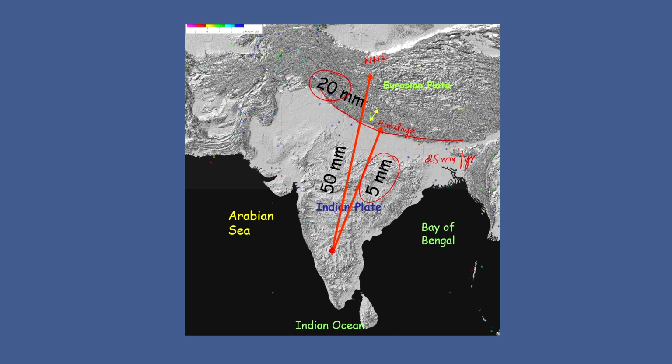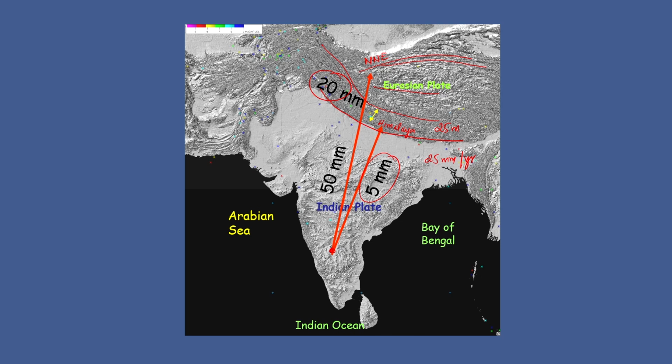Now, where is the rest of the 25 millimeter going? Most scientists suggest that the 25 millimeter left out is consumed by various faults sitting here, on the Tibetan side. There are multiple faults which are consuming it. We will discuss the faults later.